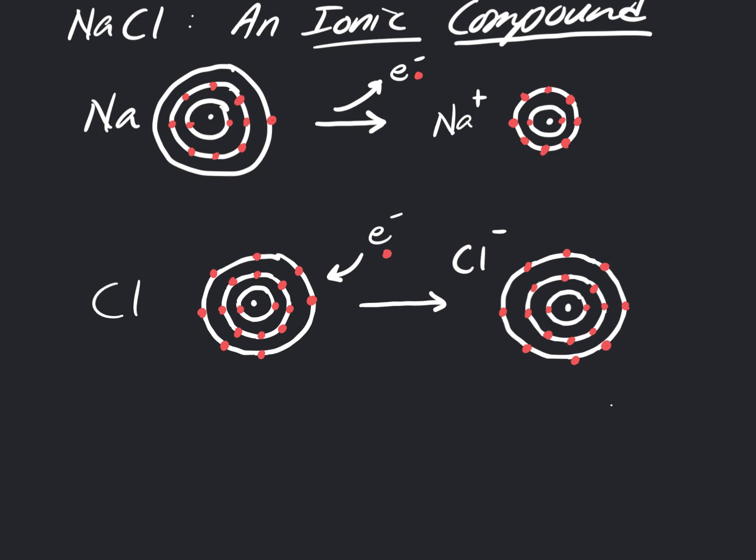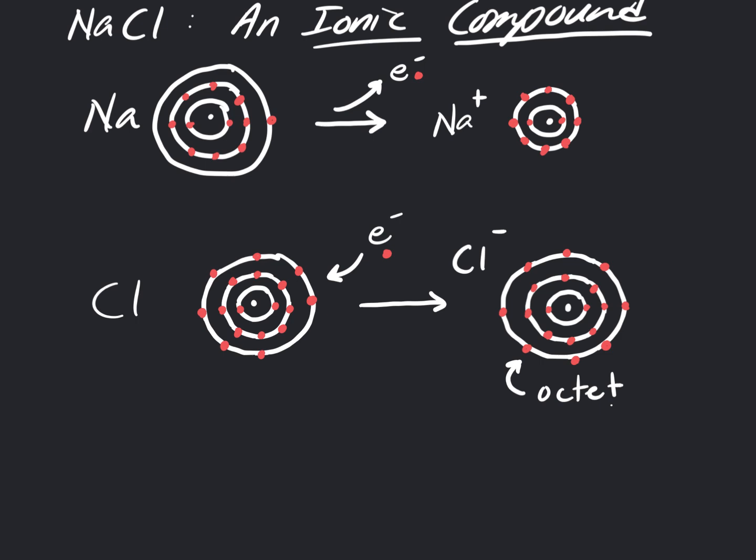I drew a Bohr diagram for chlorine, and in this Bohr diagram, we can see that the outer shell contains 7 electrons. If we were to add 1 electron here, that would create an octet for this chlorine. This is an octet when we add 1 more electron.